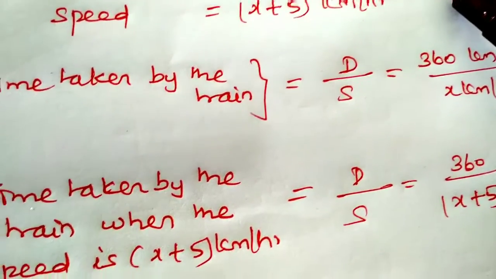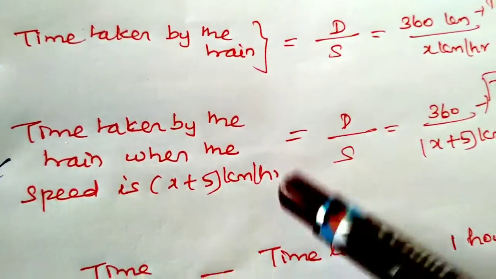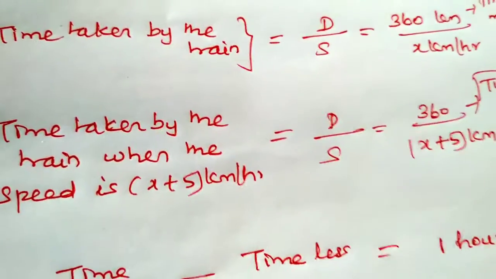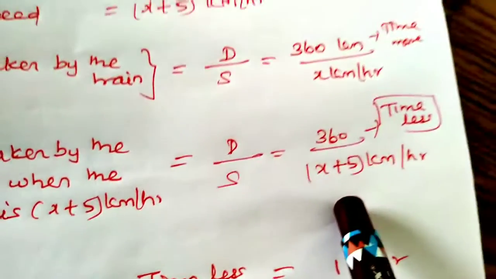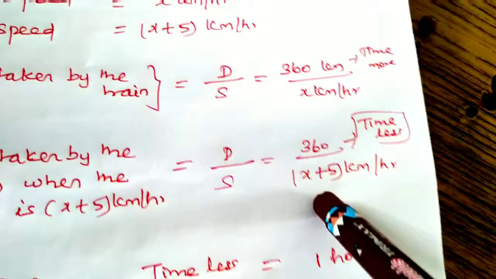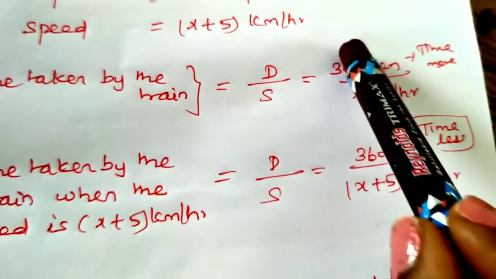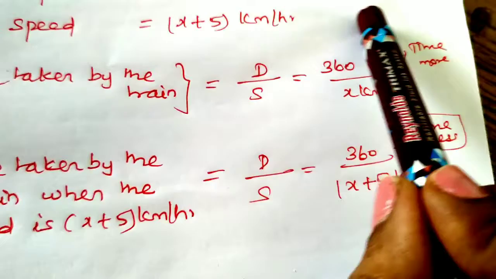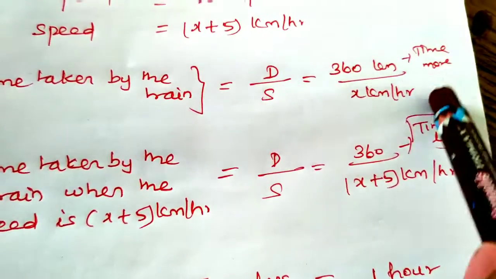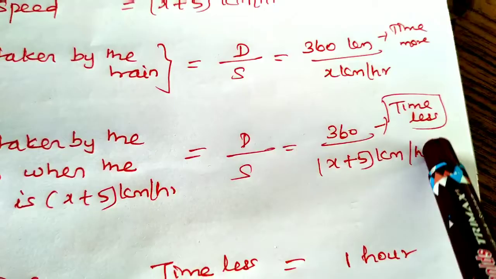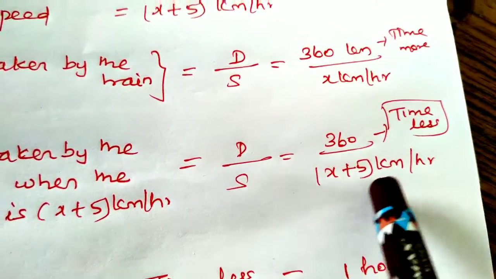We don't know the previous speed or the present speed, but we know the difference between both speeds is plus 5. Therefore, I wrote x plus 5 kilometer per hour. Now I framed two fractions for time taken. This is the time taken when the speed is x kilometer, and this is the time taken when the speed is x plus 5 kilometer.